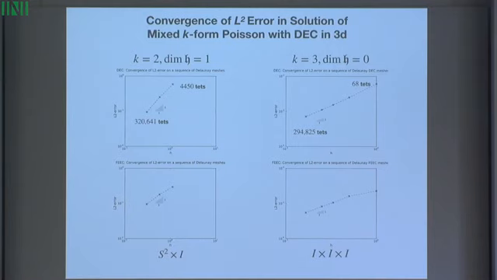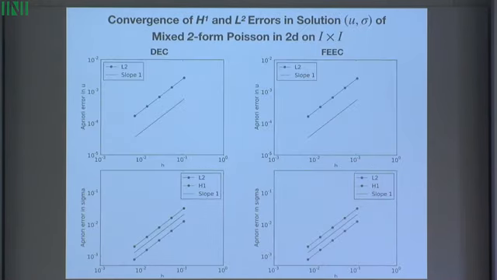This is continuing for 2 forms, and so this is a solid annulus. So it's a ball with a ball removed. So these are non-trivial computations. You have to compute the differential form, the harmonic form also. So it looks the same, but it's not cheating.